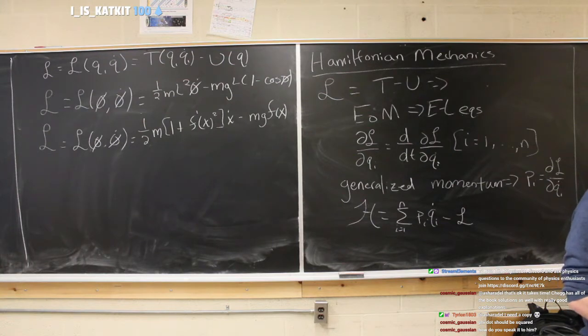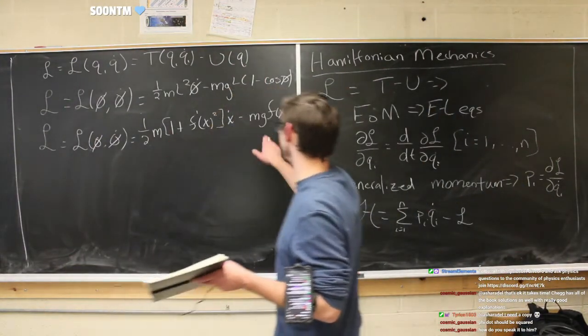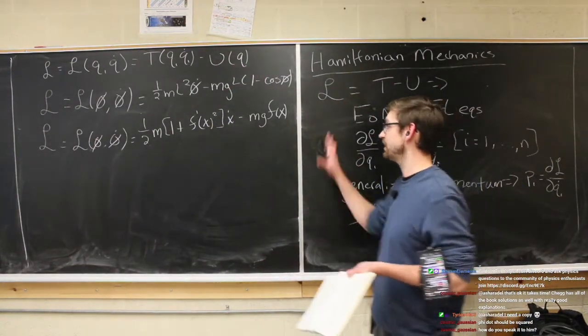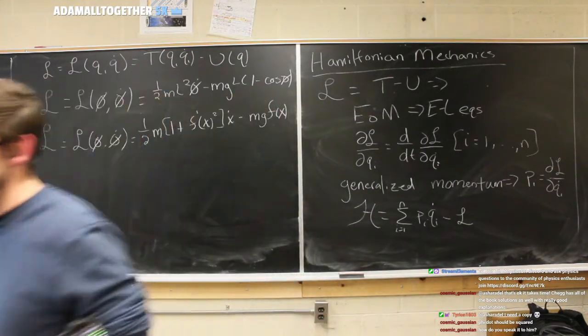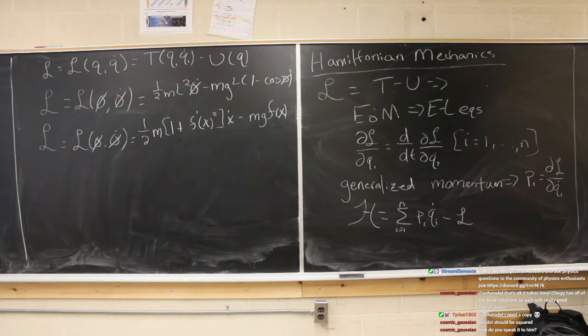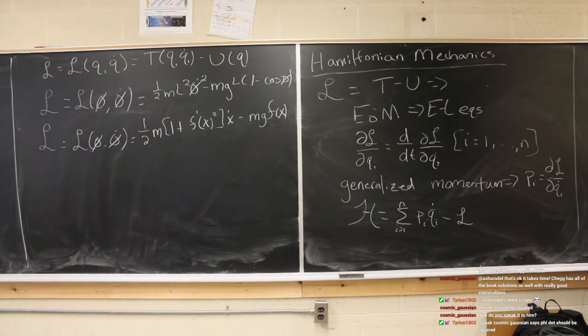Yeah, so it's not a very pretty looking thing, right? We're going to have that same T minus U thing going on with the kinetic energy and the potential energy, but we have all this extra junk in here, namely that this function could depend on x. Okay? Phi dot should be squared. Did I miss that? I did miss that. Good catch. Thank you. Cosmic Gaussian says phi dot should be squared.